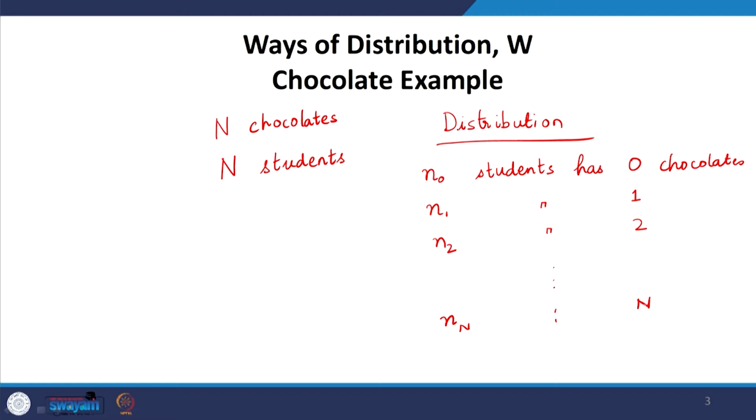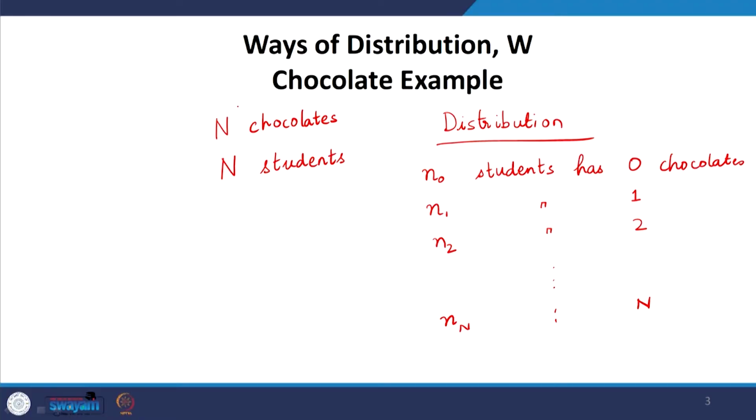So, one thing to keep in mind is that although in the example we have taken the number of chocolates to be the same as the number of students, it need not always be the case. Let us say for example, instead of n you have m chocolates distributed among n students.